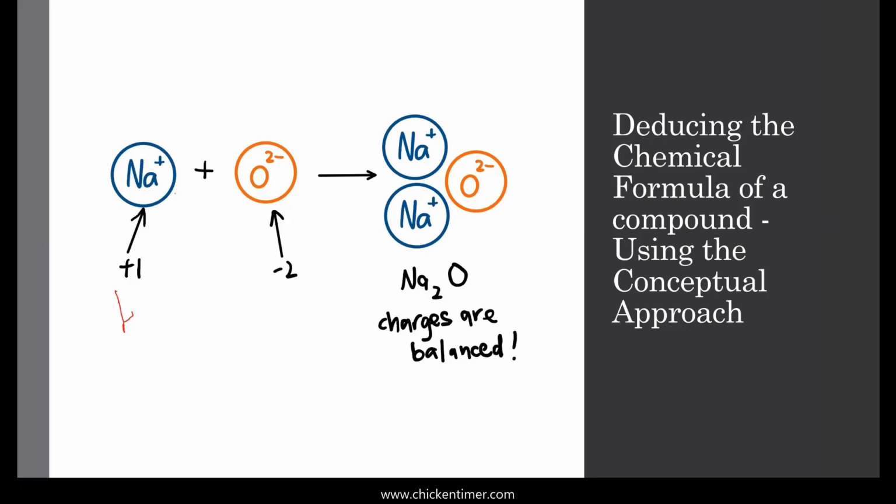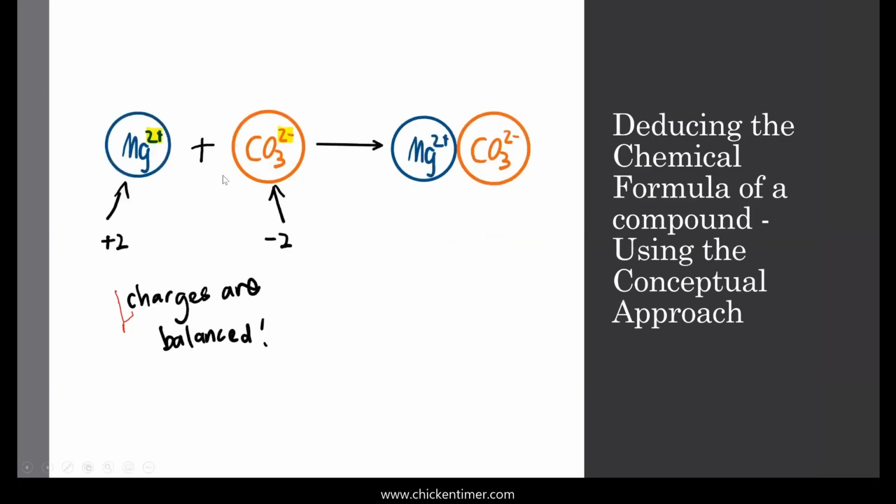In this case, there's only 1 positive charge and 2 down here. So you must have 2 sodium ions to balance this. Therefore, the formula comes out to look like that. When I write 2 down here, it means there are 2 sodium ions. So these 2 are balanced, so they straight away become like that.